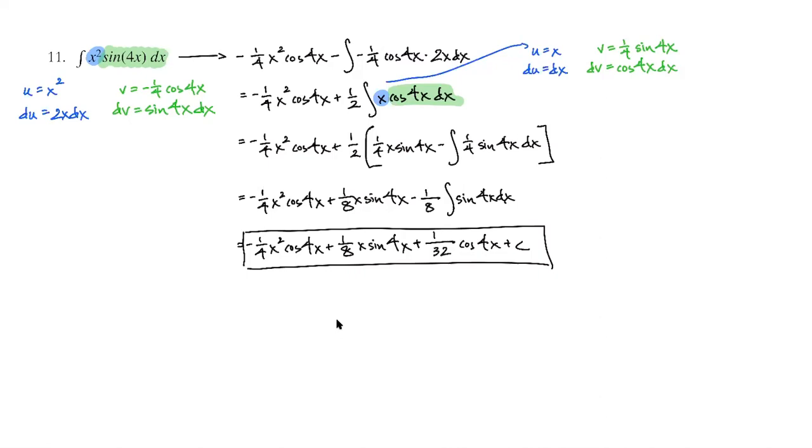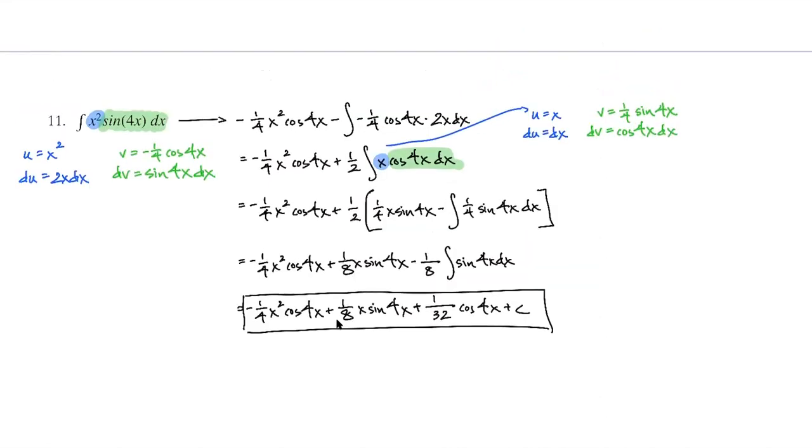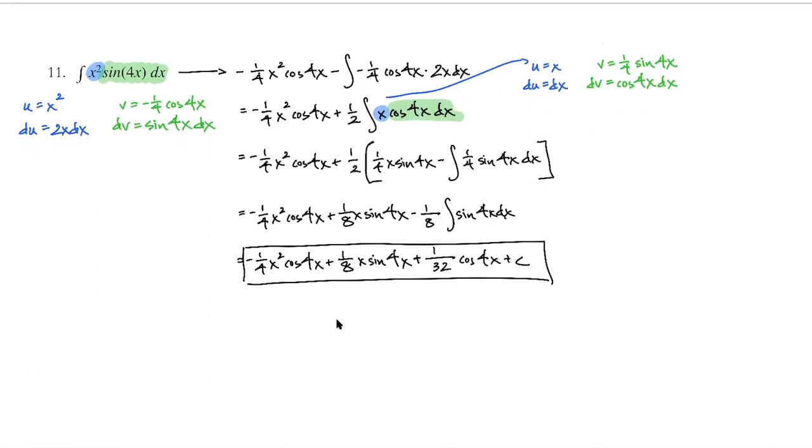So this is a good time to think about how we determine what the u is versus the dv. And remember, we have 2 different phrases. We have LIATE, or we have LIPET. Anytime you see a mix of 2 kinds of functions, if you have a log, that has to be your u.